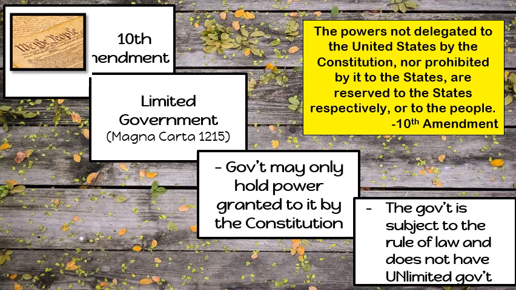So pretty much, let's break this down. Not delegated to the U.S., but not prohibited to the states. So if it doesn't give it to the U.S. and it doesn't say no to the states, then it is the state's power, AKA the people.